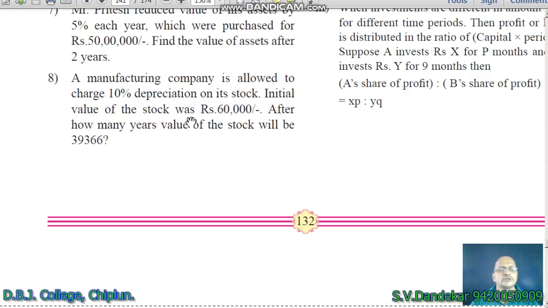Initial value of the stock was rupees 60,000. After how many years will the value of the stock be 39,366? Here V is 60,000, value after n years is 39,366, and R is 10%. You can solve like the problem we solved just now.